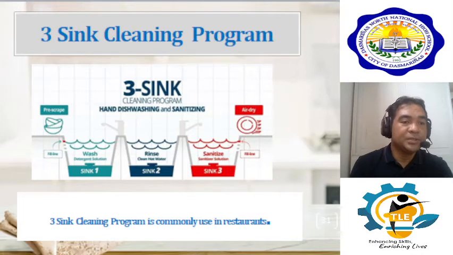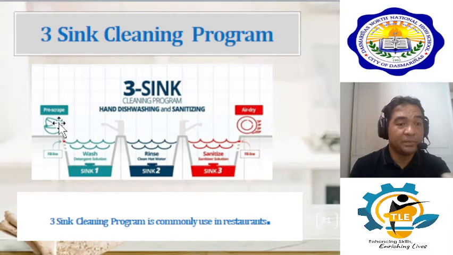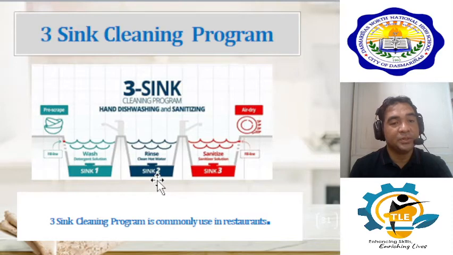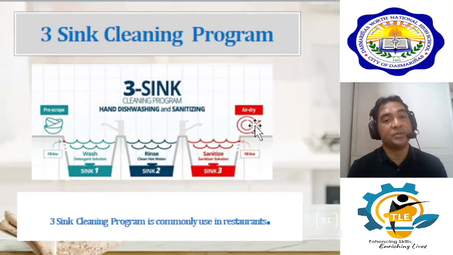Basically, you scrape, and then in sink 1 you're going to wash, in sink 2 you're going to rinse, and in sink 3 you're going to sanitize. So you're going to soak all what you have rinsed in hot water, and then after that you're going to air dry them.